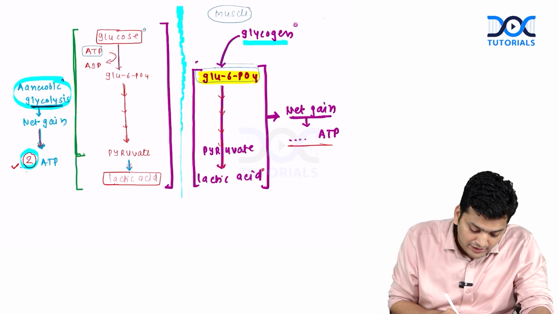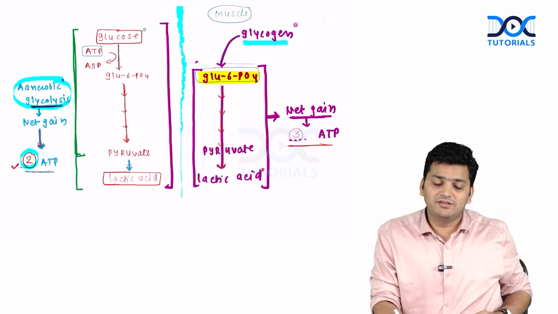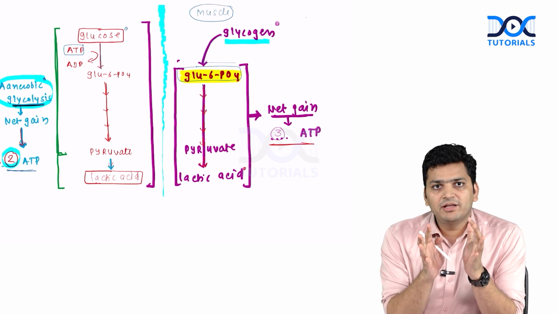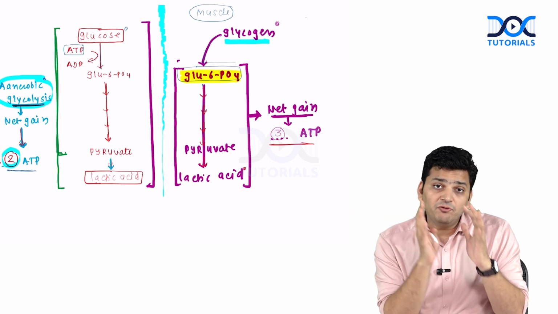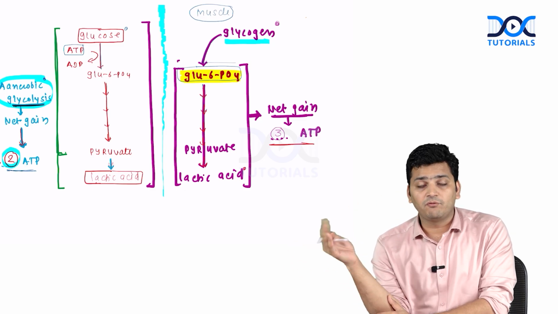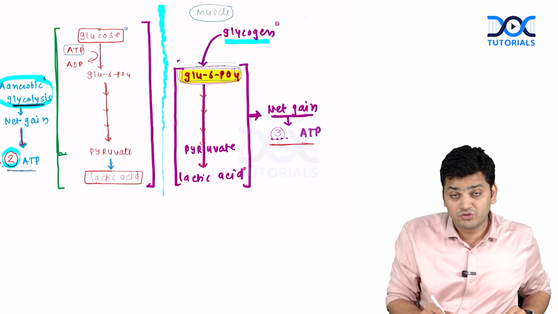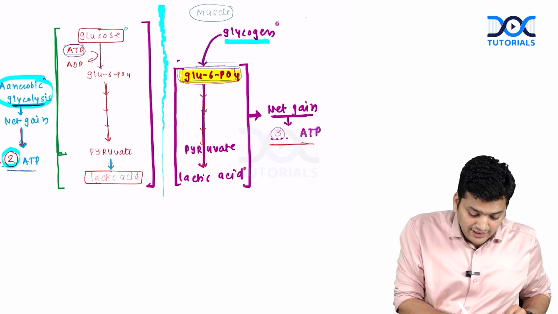So instead of 2 ATPs, the net gain now will be 3 ATPs. So they ask this question: anaerobic glycolysis gives how much ATP? 2 ATP. But if you are doing anaerobic glycolysis by cutting the glycogen in the muscle, you are not starting from glucose, you are starting from glucose 6-phosphate. So you save this 1 ATP.